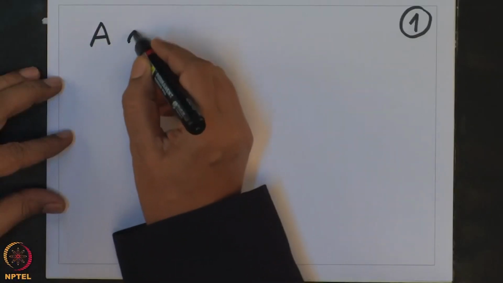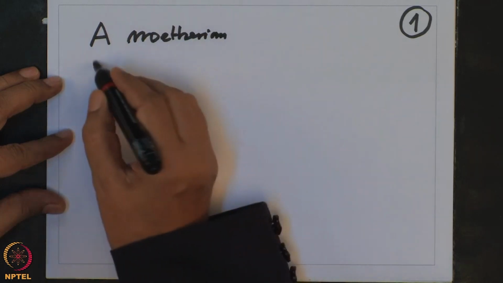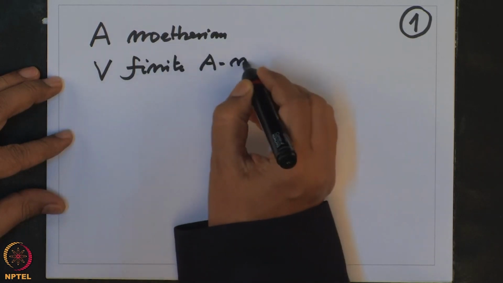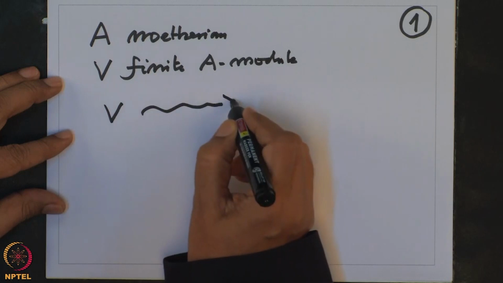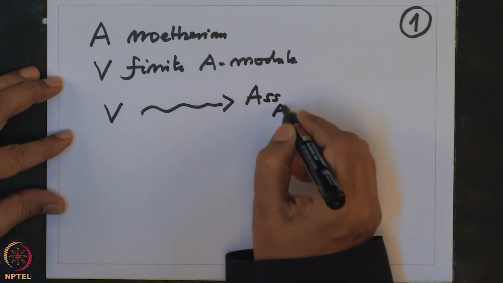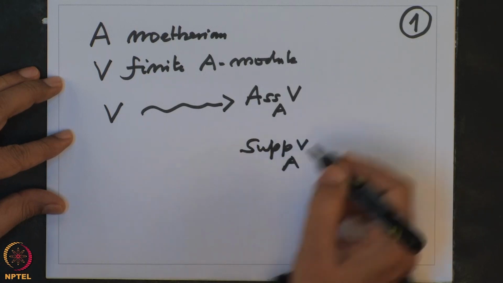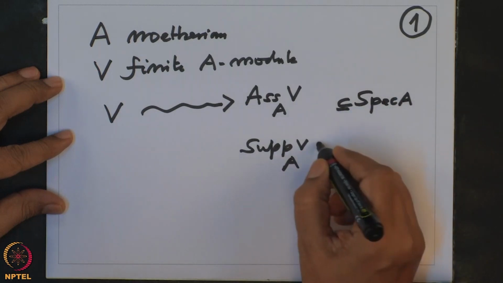In the last lecture, we saw that when a ring A is Noetherian and V is a finite A module, then to this V we have attached two subsets of the spectrum of A. One is the associated primes of V and the other is the support of V. Both these are subsets of Spec A, and we have checked that the support is actually a closed set.